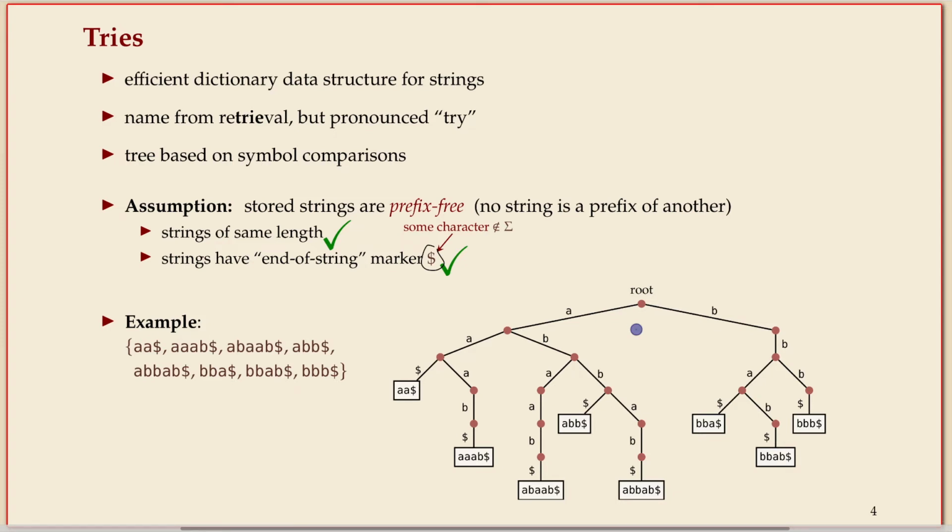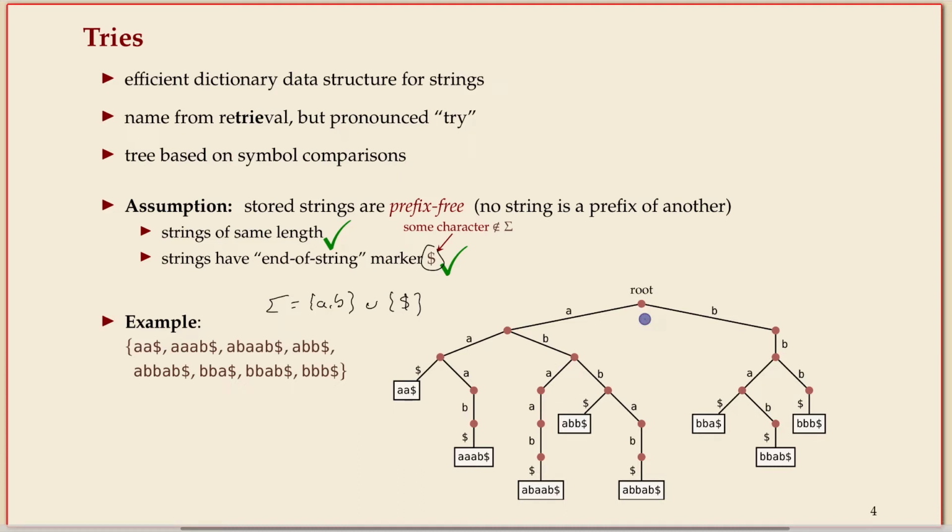So in this case, the alphabet for these strings is just A and B. So all the edges here are labeled with either A, B, or the dollar. We add that to the alphabet. I'll just write it in this weird way to emphasize there's an alphabet where the symbol doesn't occur, and then we add it to that. It must be a new character.